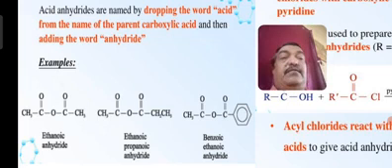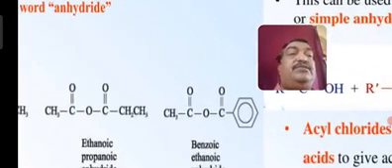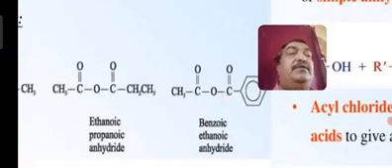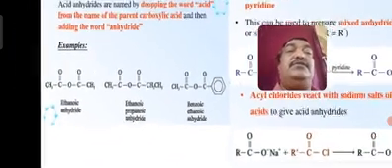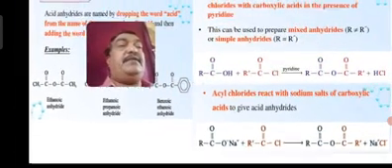This is ethanoic propionic anhydride, because CH3CO is the ethanoic group, and CH3CH2CO is the propionic group. Similarly, you can have another example, CH3COOCOC6H5, benzoic ethanoic anhydride.